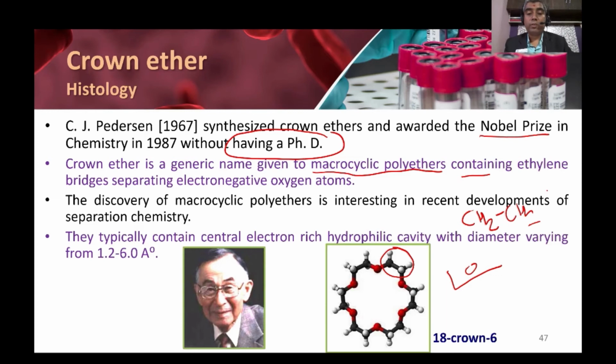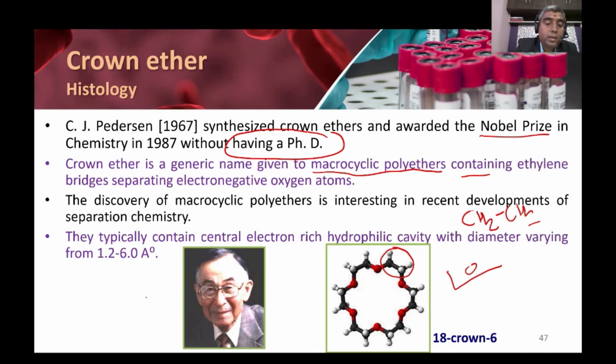The discovery of macrocyclic polyethers is interesting in recent developments of separation chemistry. They typically contain a central electron-rich hydrophilic cavity with diameter varying from 1.2 to 6.0 angstrom.